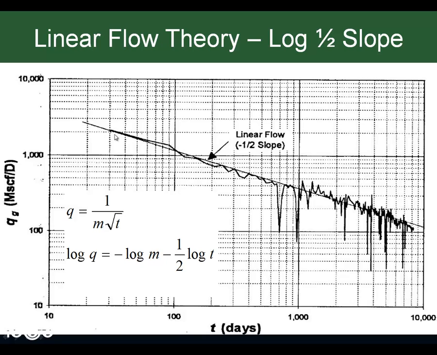And the interesting thing about this example is that this is almost 20 years of production data. And we see we have linear flow for the whole period. So this makes it very clear that linear flow is a dominant characteristic in these tight plays. And that's where we're going to expect to see this half slope on the log-log plot. So the log-log plot is very useful as a diagnostic plot for identifying linear flow, and we're going to see a half slope when we do that.